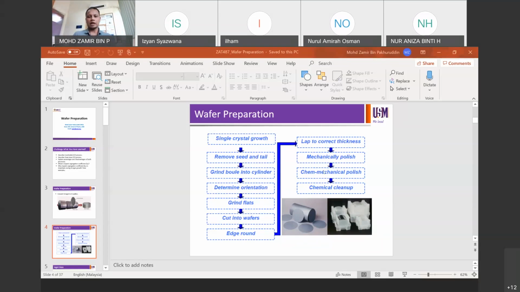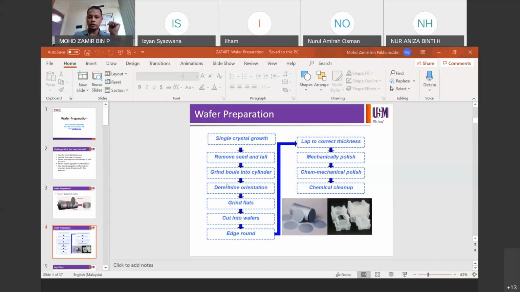Then they are chemically and mechanically polished as well to make sure that the surface of the wafer is flat and smooth and conforms to the specifications. We'll see the specs. And finally, followed by chemical cleanup before they are packed and then sold to the customers.